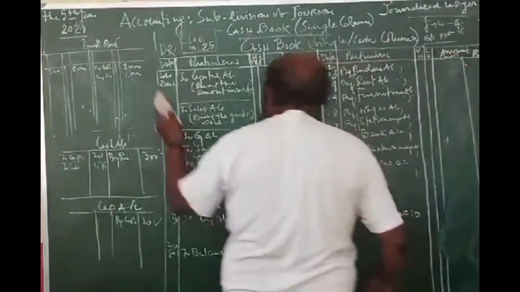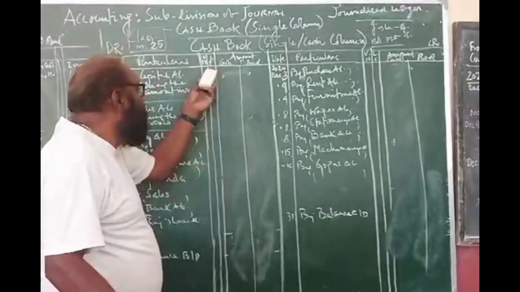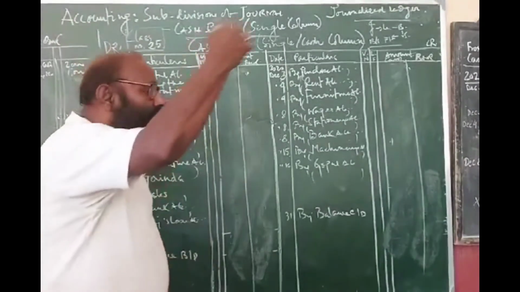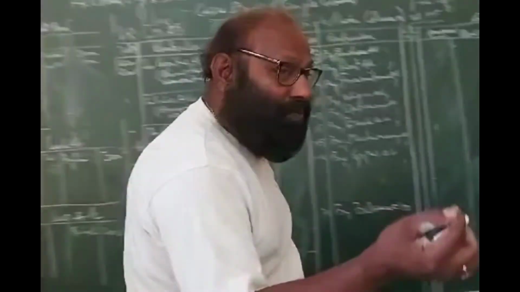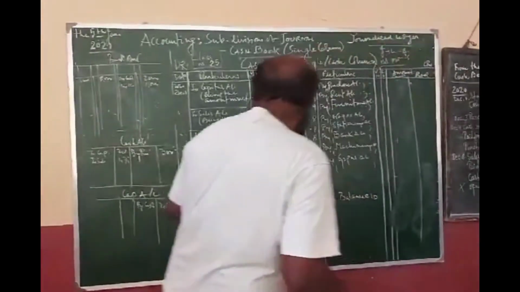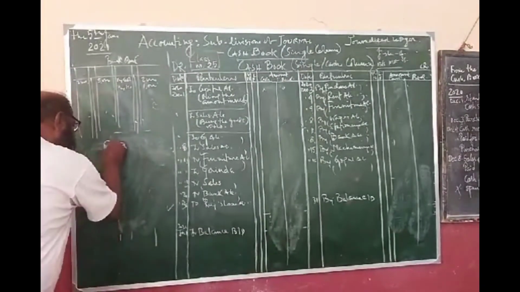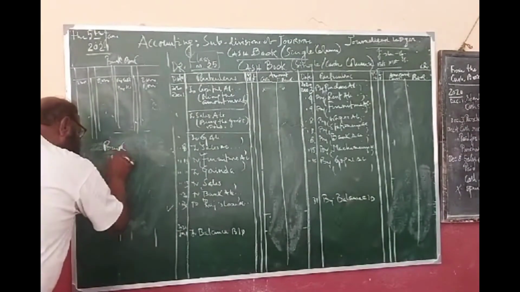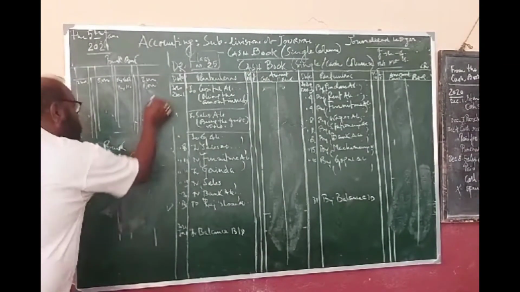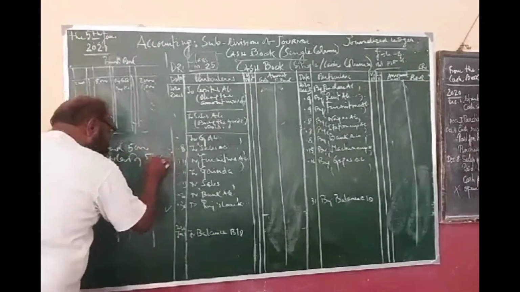And how do they record? Say, started business with cash: cash account debit to capital. Now just think about one thing. Open a bank account. What should be the journal entry? Bank account debit to cash. Say it will be 5,000. Then what would I record?